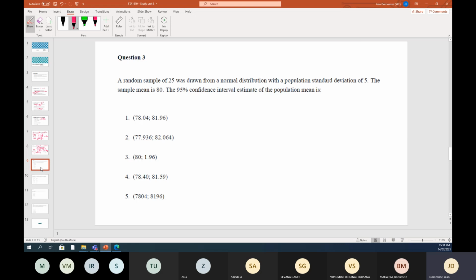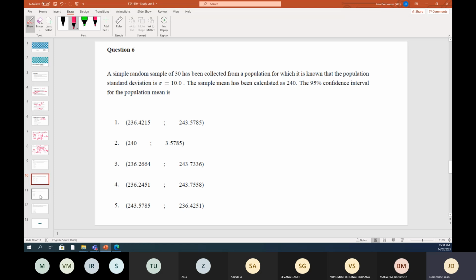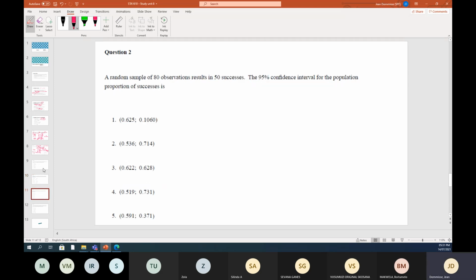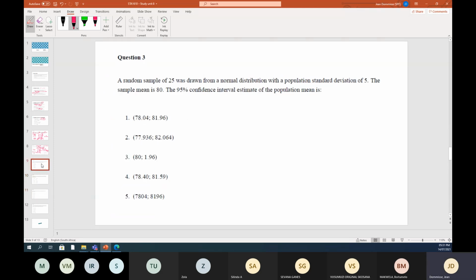I think I've got another one that we can look at before we go into proportions in the last few. So let's look at this one as well.